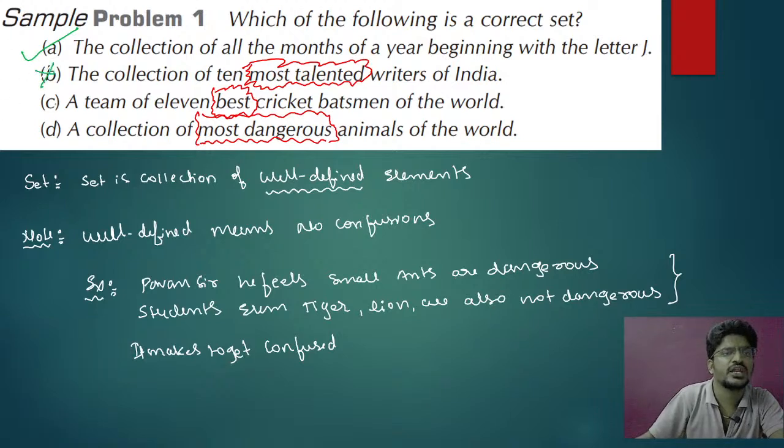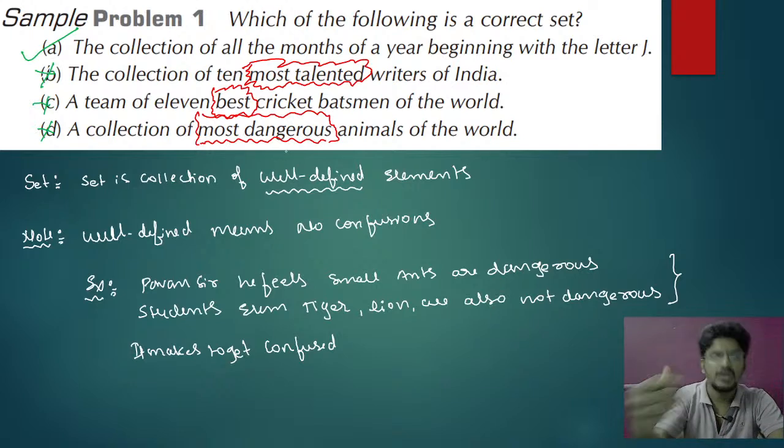Option B is not correct, option C is not correct, option D is not correct, because of most talented, best and most dangerous. These words put us in confusion mode. So that's why those things are not well defined.